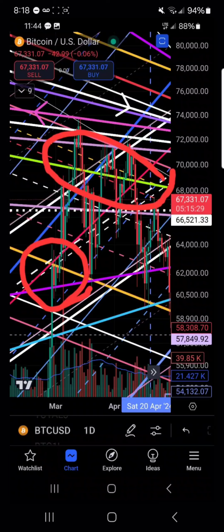If you open this up on a 4 hour, you can see more contact points along the center line.